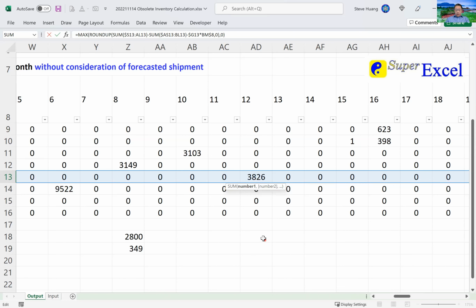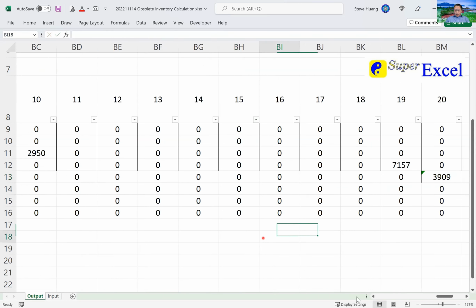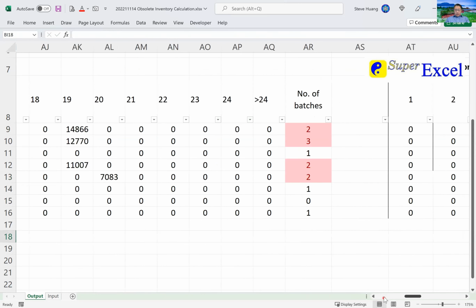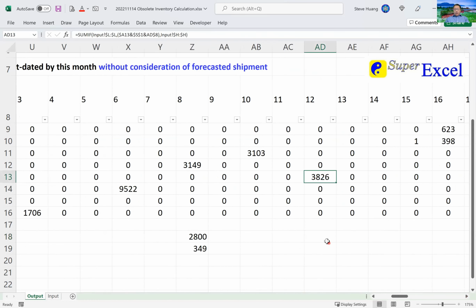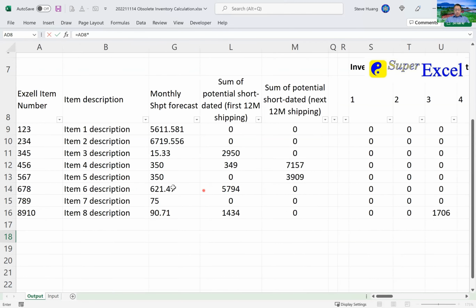Actually, let me calculate this one over here. In that month number 12, we have 3,826 units that will be short dated. How much would we ship? That will be this 12 months times the monthly shipment, which is 350.